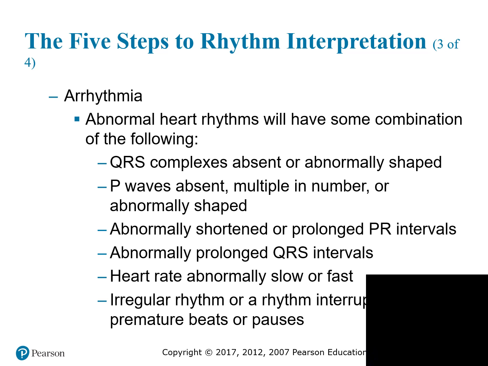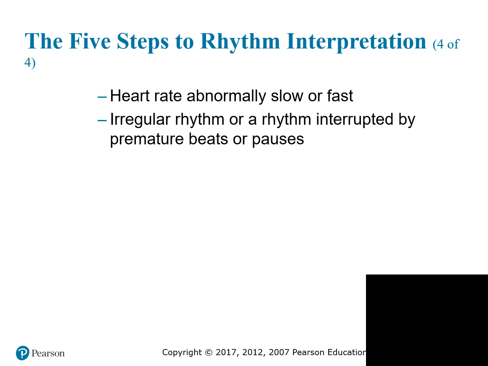You will also have an irregular rhythm, or a rhythm that's interrupted by either a premature beat or a pause. This is what we call arrhythmias, due to abnormal circumstances of what's going on in the 6-second rhythm strip.